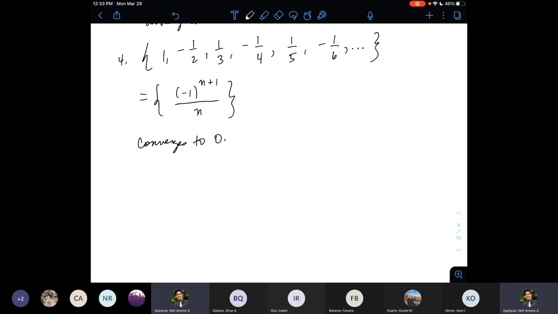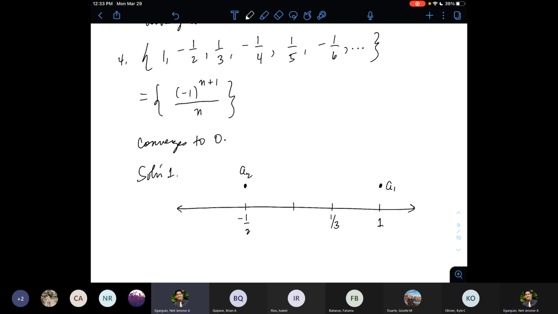Well, 2 ways to answer this. Solution 1, do an intuitive analysis of the list. So we start at 1. That's the first element. That's a_1. And then we'll go to -1/2. That's our a_2. a_3 is a third. Say a_3 is here.